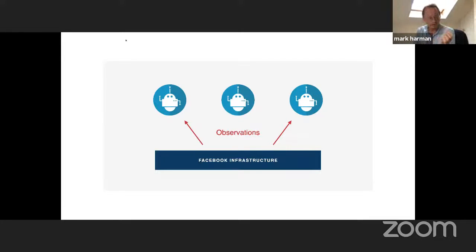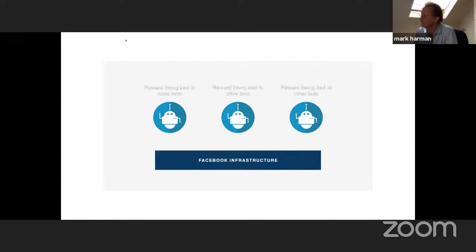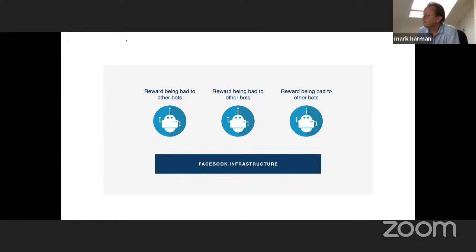And when they make those actions and observations, they go through the same code stack as real users' actions and observations. In this case, we're interested in harmful behaviors. And so we're going to reward these bots for being bad to each other, because we want to try and simulate the kinds of harmful behavior that can happen on a platform like ours.